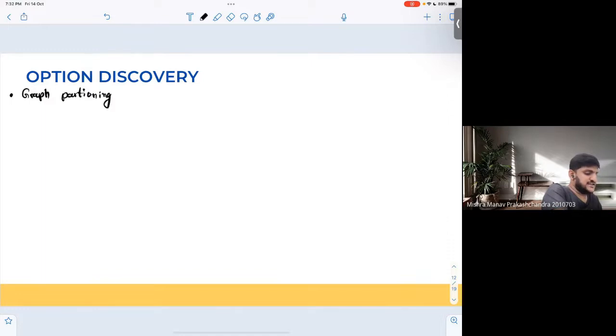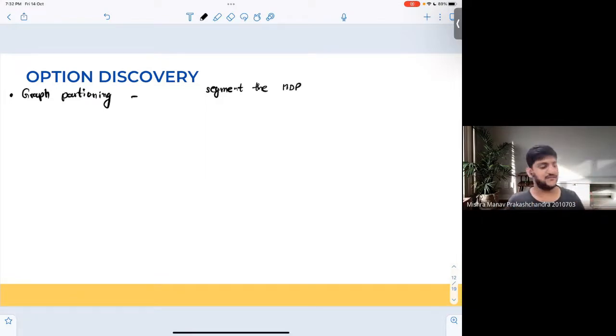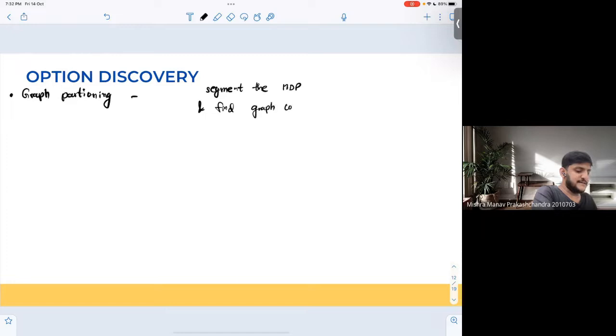What you do in graph partitioning is that you segment the MDP into small graph components, and then you find the graph components that are weakly connected. So these weakly connected graph components indicate a bottleneck in the figure, right?